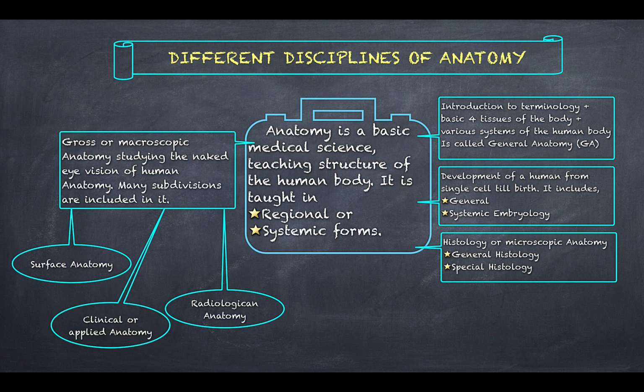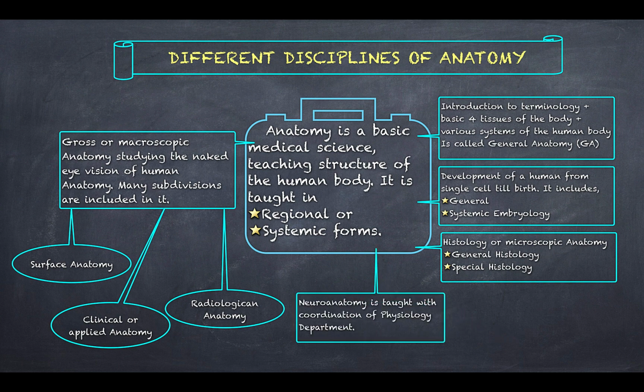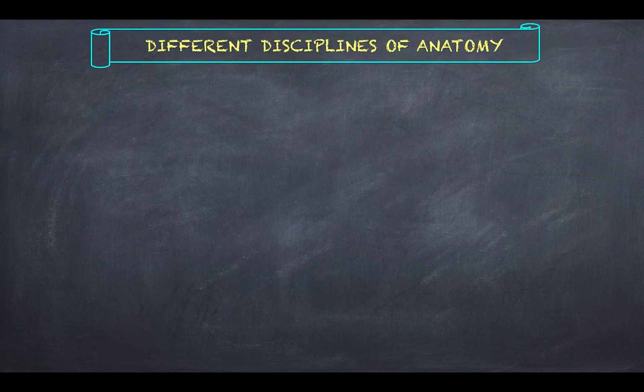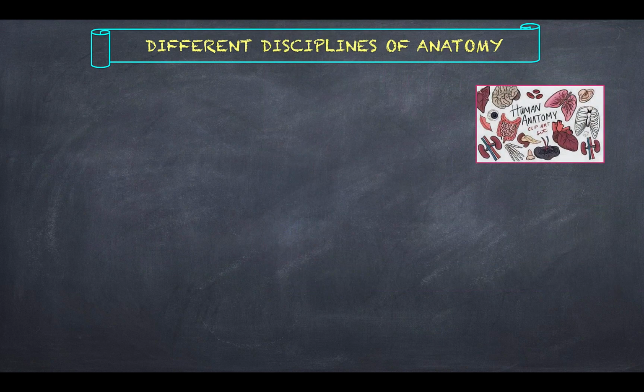Then there is still left a system which we have not done in detail, and that is neuroanatomy, the brain and spinal cord and other nerves. This we will do in coordination with physiology together, so it is done as a common subject for both. Now these are the different subjects; I just try to portray them.